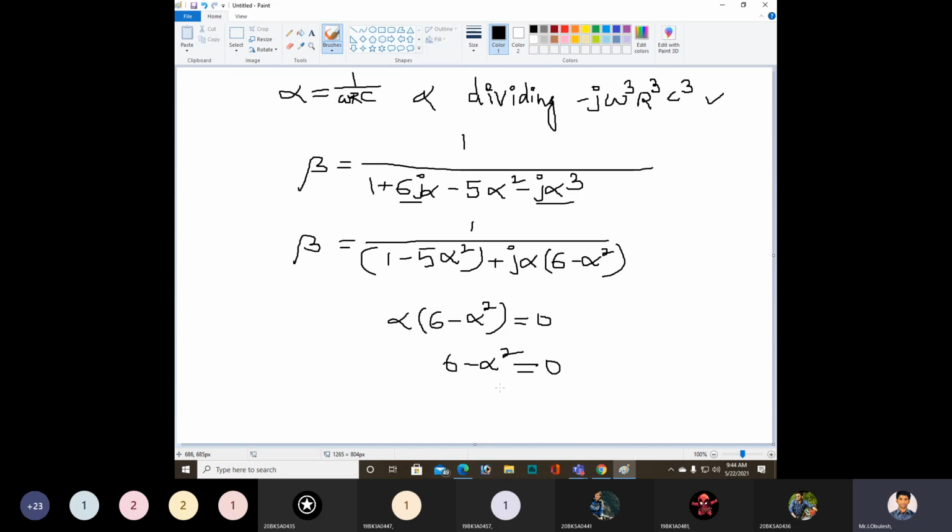Then alpha square is equal to 6. Alpha is equal to root 6.